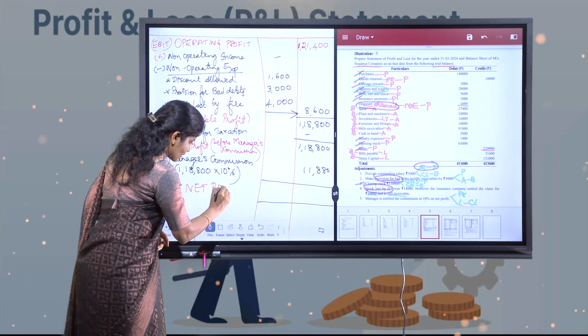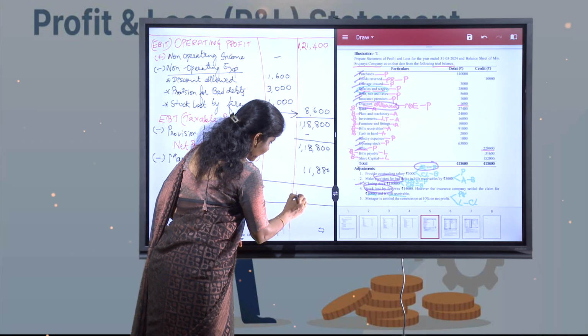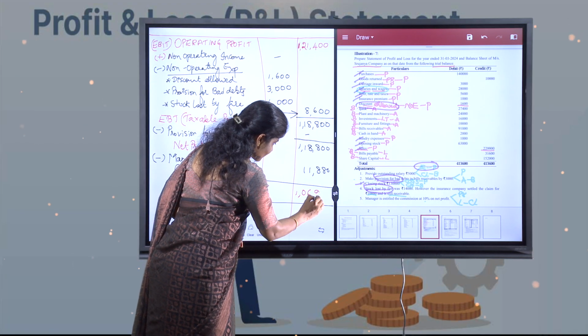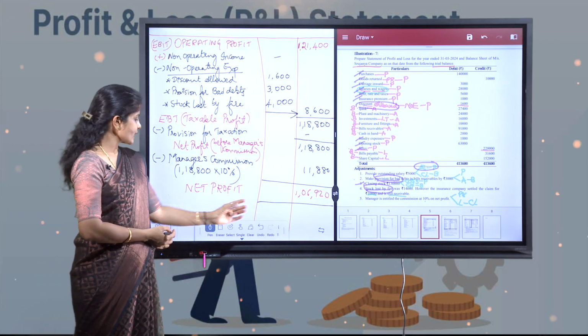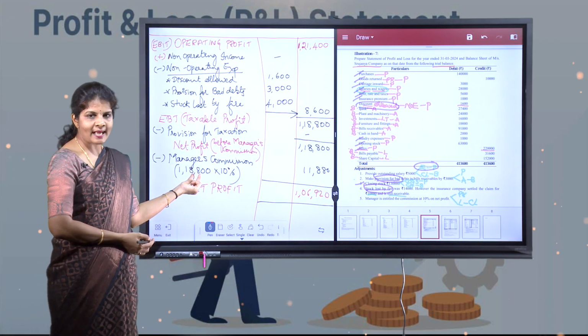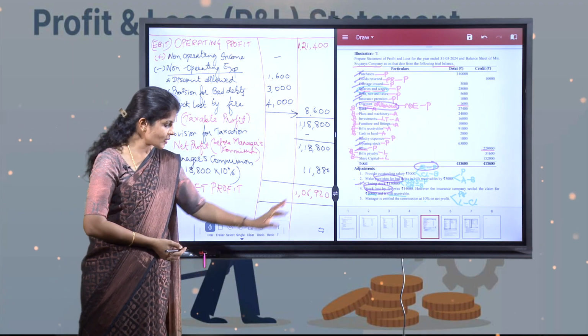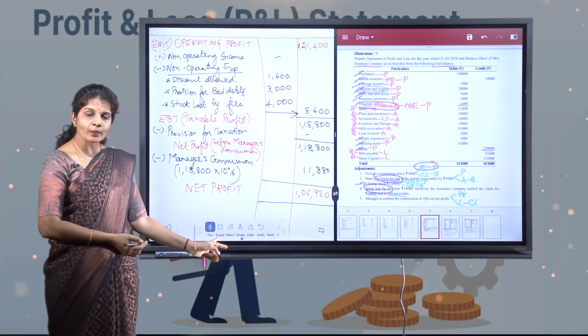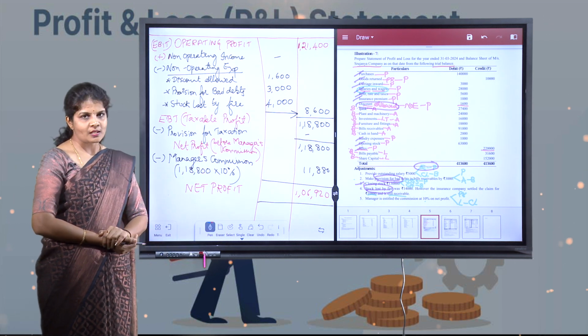The difference is 1,06,920 rupees. So this is the difference of net profit and manager's commission. So the actual net profit is 1,06,920. Where do we take this net profit? This will be taken to the balance sheet.